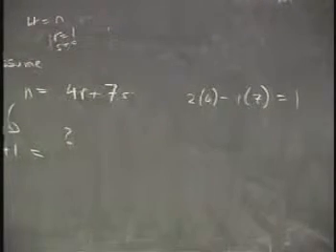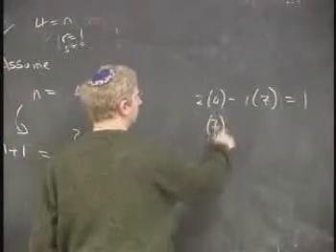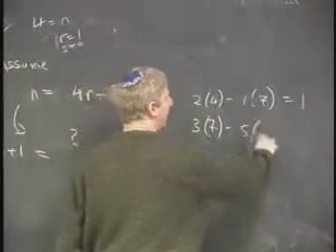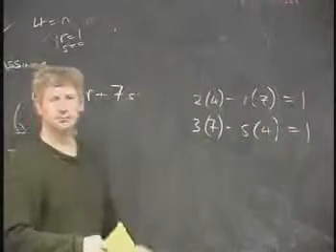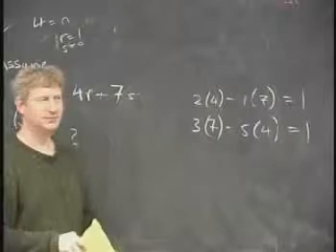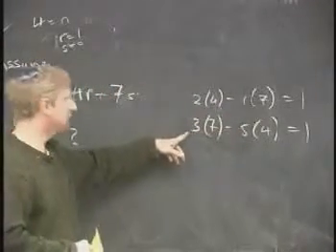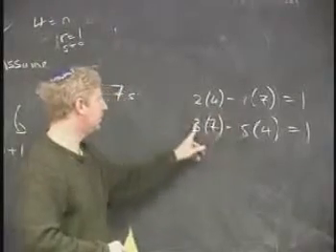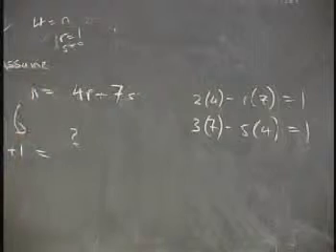What's the other solution? 3 times 7 minus 5 times 4. Remember how to get that? 4 minus 1 gives you the 3. 7 minus 2 gives you the 5. Okay, so there are two solutions.